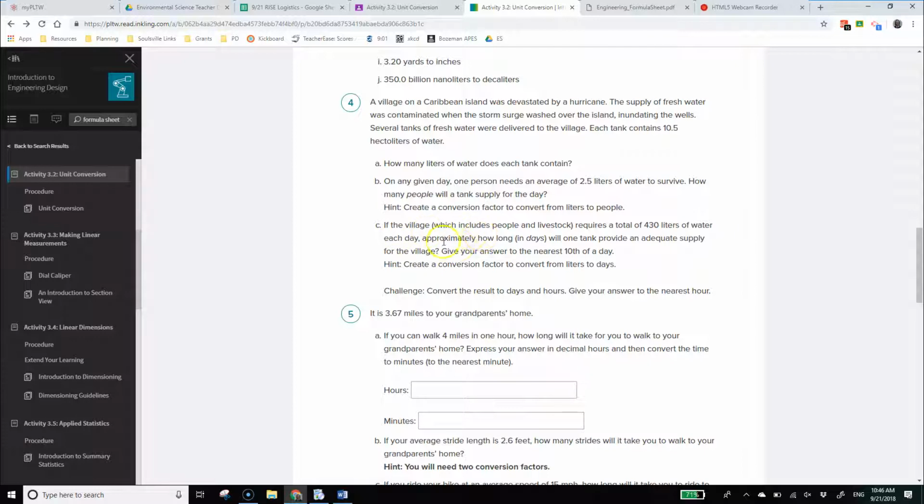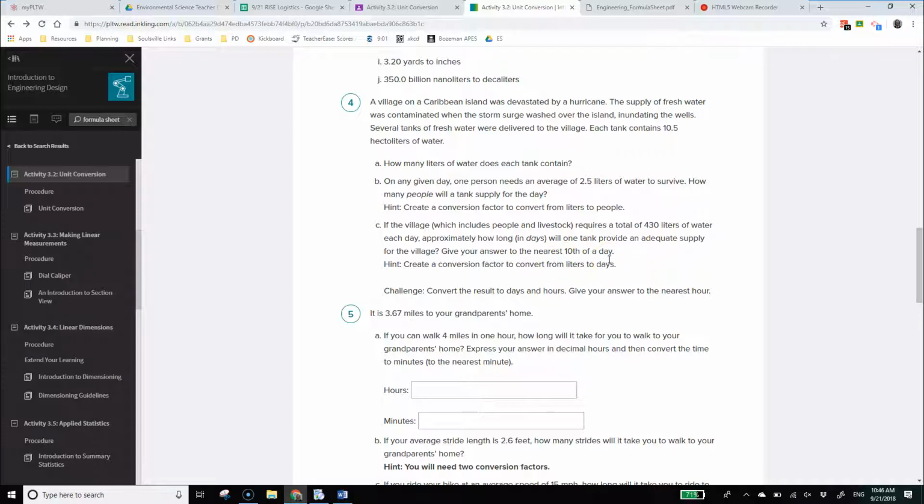C: if the village, which includes people and livestock, needs 430 liters of water each day, how long in days will one tank last? Give the answer to the nearest tenth of a day. So I need to create a conversion factor from liters to days.